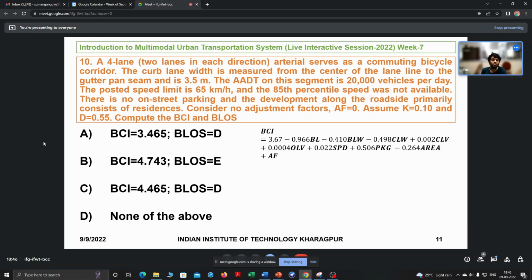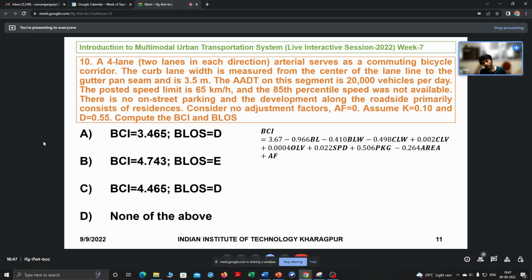Don't think of it as a mathematical problem, it's a field problem. If you go to the field and you do not have any radar gun to take the speeds of the vehicles, you take the posted speed limit, what is on the signs. So you take it as 65, but you don't know the exact 85th percentile speed. But you would already have known how to calculate the 85th percentile speed, since your posted speed limit is 65.